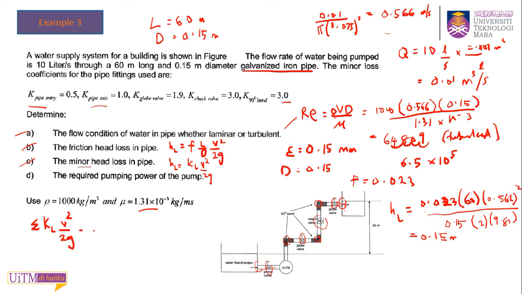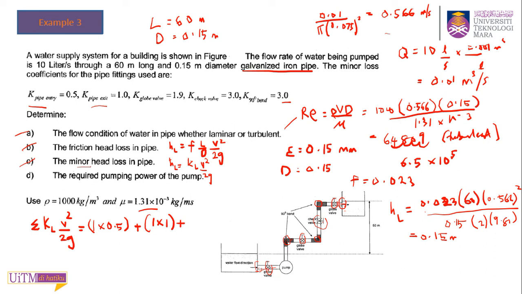First you have your entry pipe loss coefficient, which is 0.5. There is only one, so 1 times 0.5. Then plus the exit loss, also one exit loss, so 1 times the coefficient of 1. Plus, you have a globe valve loss coefficient.